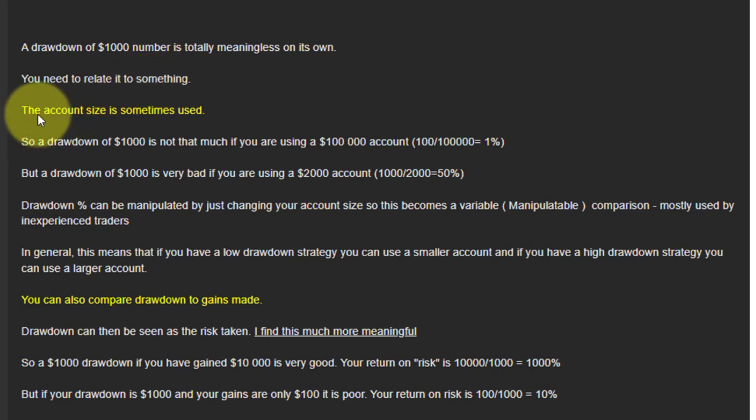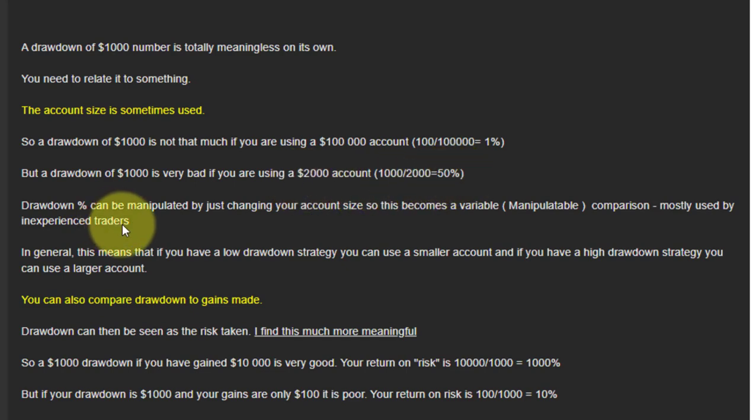Sometimes account size is used. A drawdown of $1,000 is not that much if you're using a $100,000 account, because that's only 1% of the total account. Whereas the same drawdown, $1,000, is very bad if you're only using a $2,000 account, because that's 50% of your account.